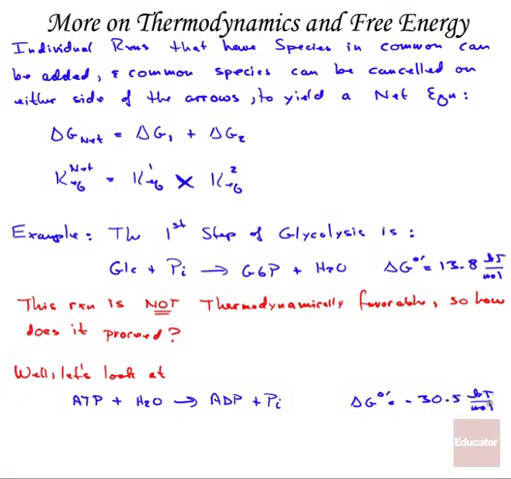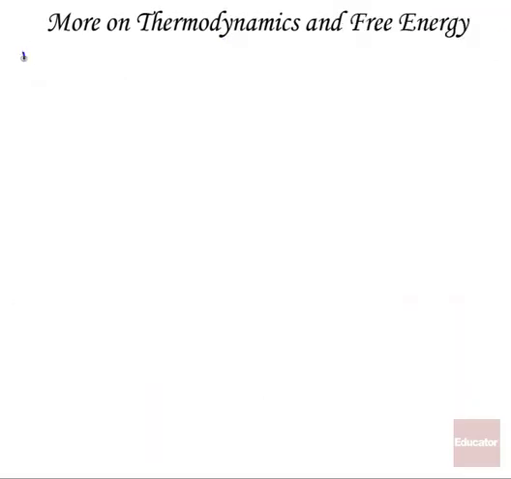Highly exergonic, definitely wants to move forward. What I'm going to do is put this reaction and this reaction together and see what I come up with. Okay, so I have reaction number 1, which is glucose plus Pi goes to G6P plus H2O.